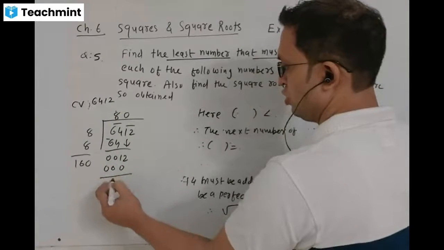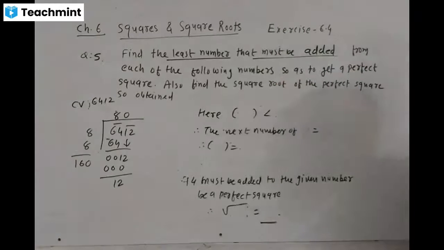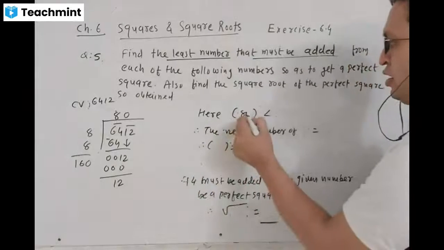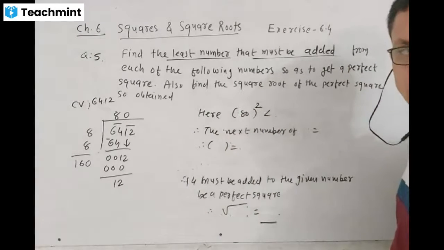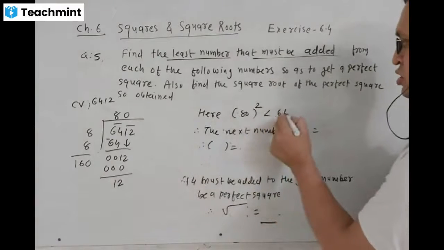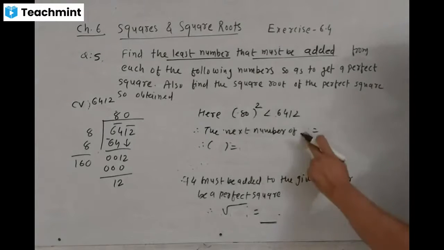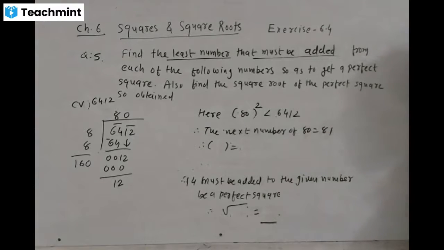Therefore the remainder is 12. Therefore 80 squared is less than 6412. Therefore the next number after 80 is 81.